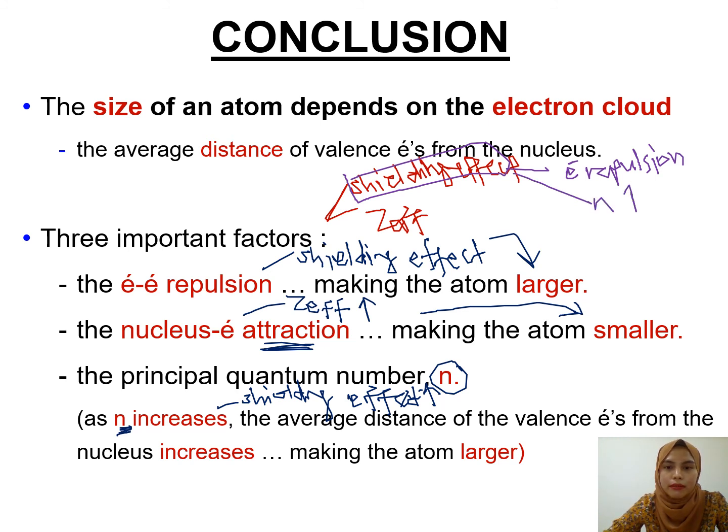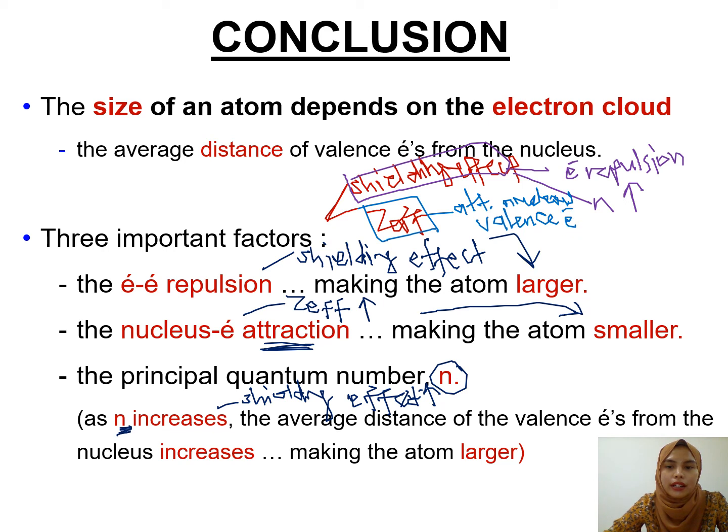If the number of shells increases, the shielding effect increases. As for Zeff, the factor that contributes to effective nuclear charge is the attraction between the nucleus and the valence electron.